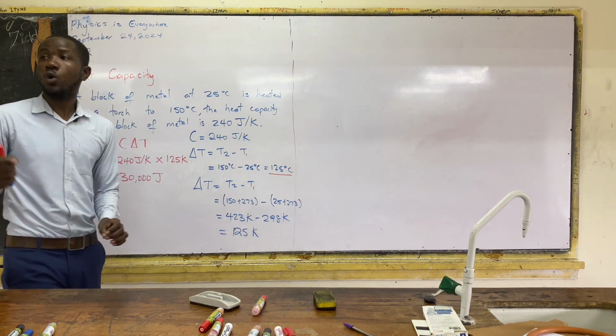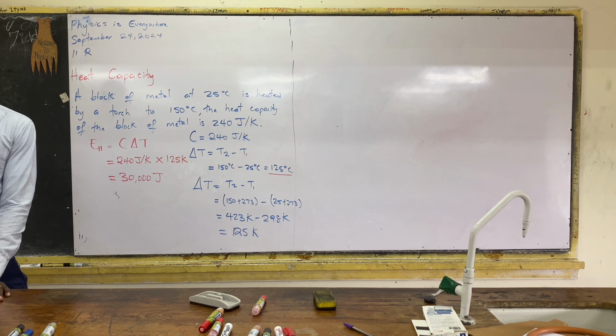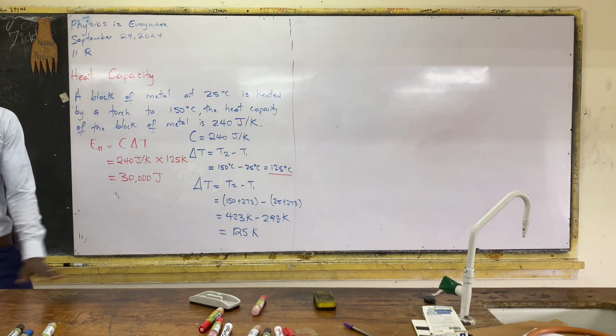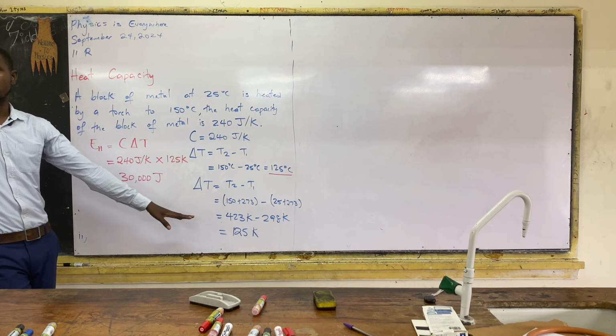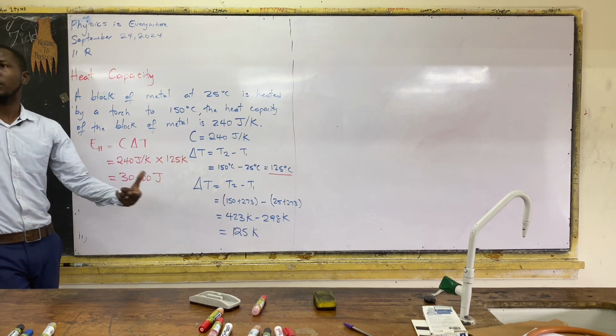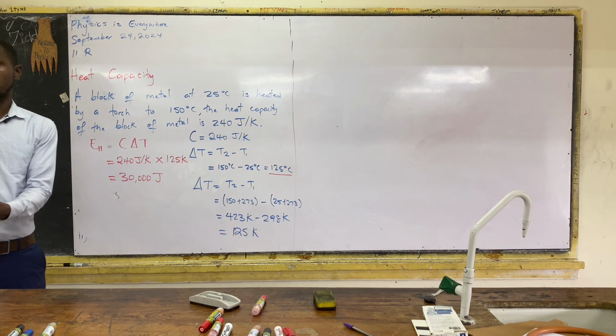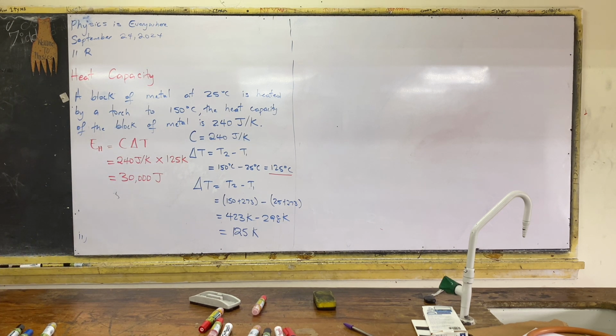That's the only time you're required to convert by adding 273. Because we're talking about a change in temperature, we can determine the difference in Celsius and express that as Kelvin, since they're the same. Okay? Good? So you can take that down and then we're going to move into a brand new topic.